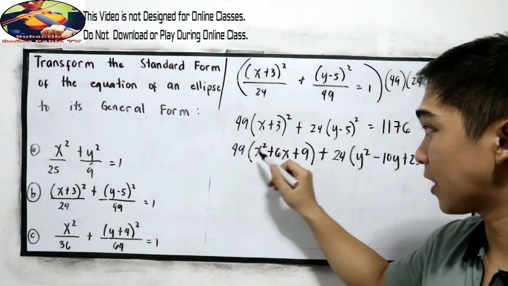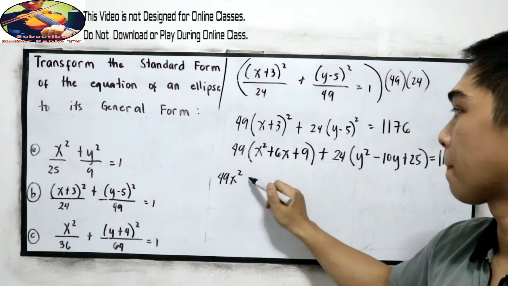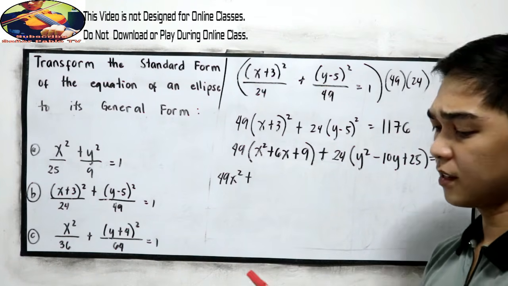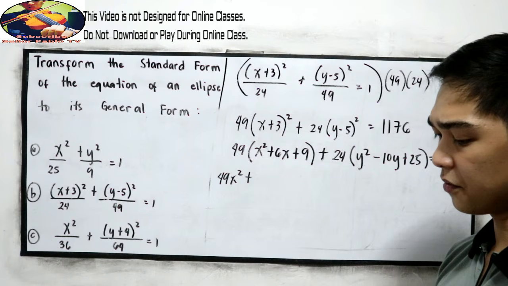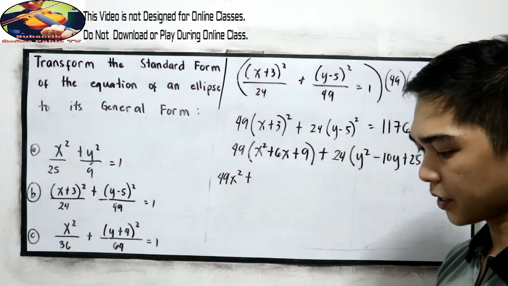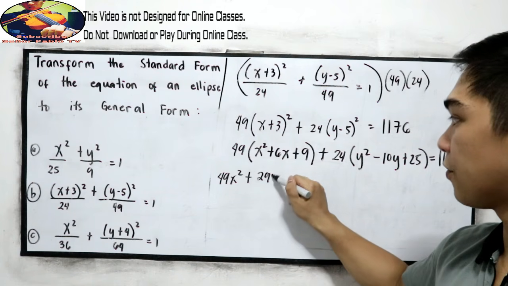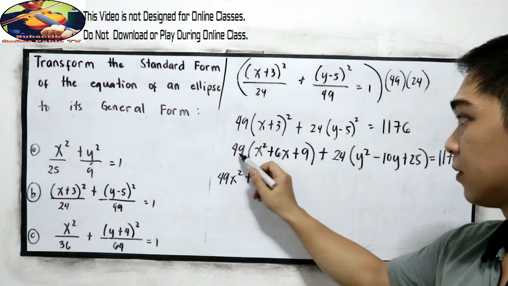Now we can distribute 49. So 49 times x squared, that is 49x squared. Plus, we have 49 times 6, 294x.